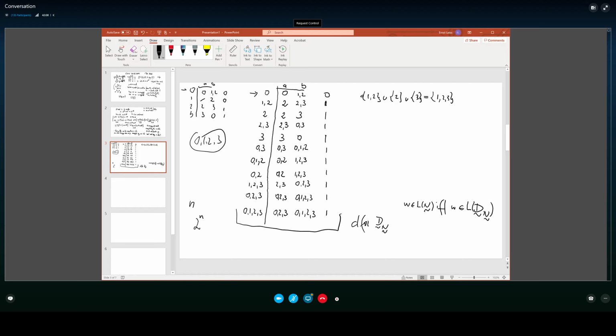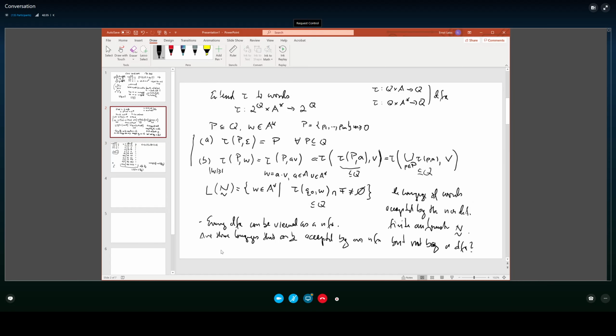So the language that we have in the original NFA, L of n, is exactly L of D sub n. And that then proves, of course, beyond any doubt, that whatever we can do with a non-deterministic finite automaton can also be done using a deterministic finite automaton.